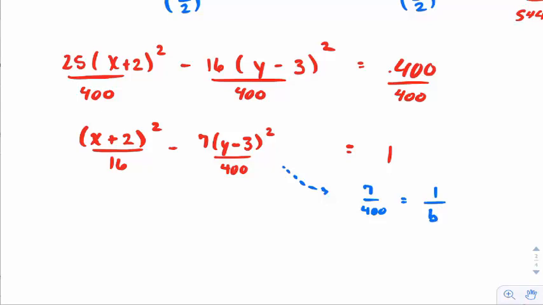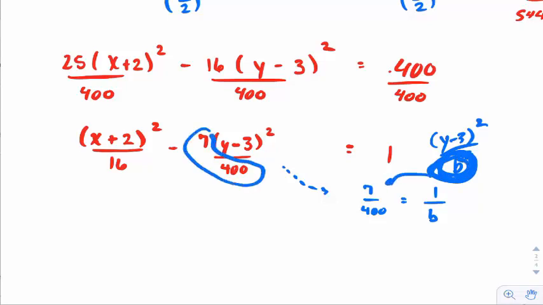I know it's actually equal to b squared, and I'll get to that when we do our graphs, but what I'm talking about here is I want this to be (y minus 3) squared over b squared, which I'm just going to find that number on bottom. I really just want to figure out what that number is. But I want this number right here to equal the same thing as this number right here.